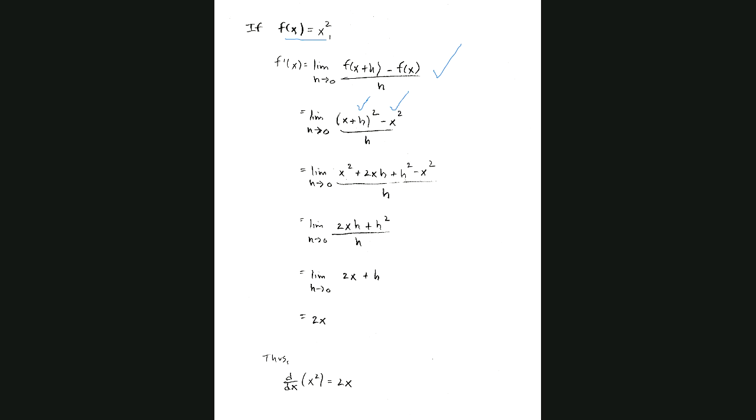Hopefully everybody's comfortable. Of course, nice things have to happen to compute this limit. So the x squareds cancel out. And so the f prime of x is the limit as h approaches 0 of 2xh plus h squared over h. And then we can divide the h, simplify the h out. So we get the limit as h goes to 0 of 2x plus h. And therefore, that's just going to give us 2x.